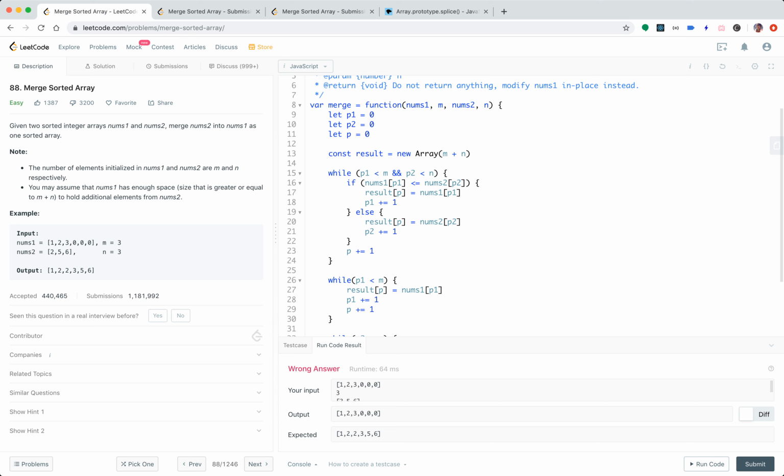One, two, three. Wait a second. If we compare 3 to 2, it's bigger, so we resolve result p equals nums2 p2, p2 plus 1.